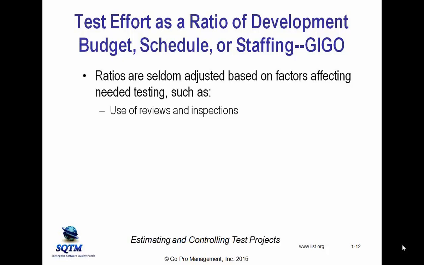For instance, if you are reviewing and inspecting requirements, designs, code, those techniques are probably going to catch a lot of problems that, if you don't have those reviews, are going to end up making the dynamic test execution much more difficult.